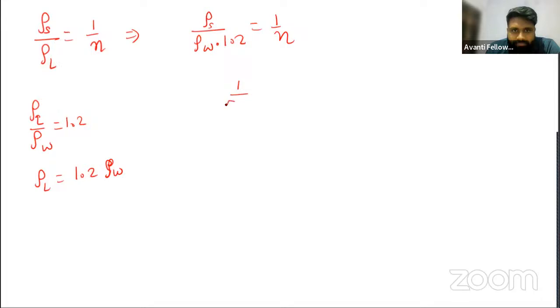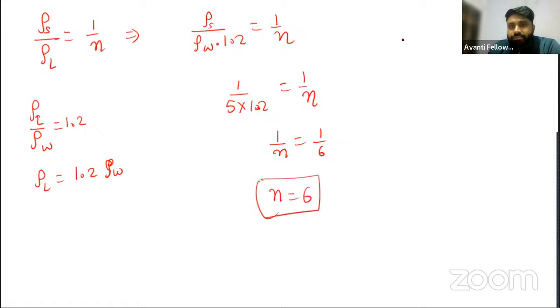So it is 1 by 5 into 1.2 is equals to 1 by n. 12, you can assume, 12 5s are 60 and there is a point on one place. So it will be 6.0. So 1 by n will be 1 by 6. So n is 6, which means V by sixth of the volume is immersed.